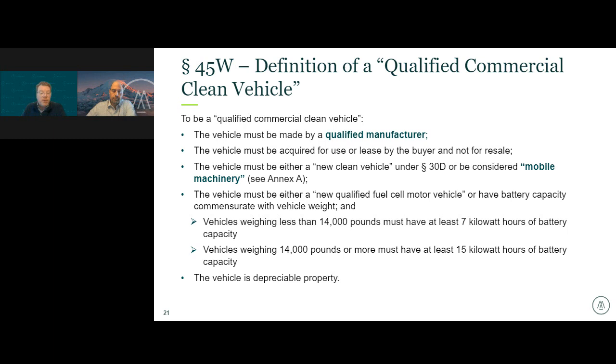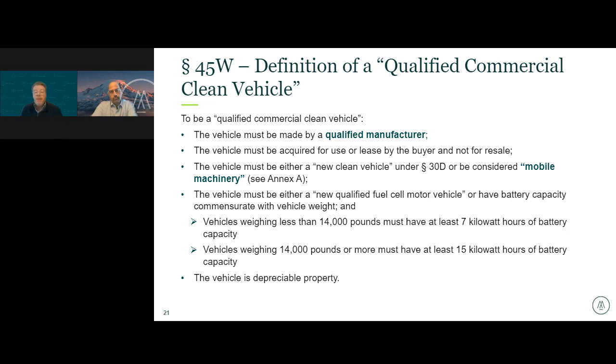However, it's just a question of getting them up on the web page. Again, the vehicle has to be acquired for use or by lease of the buyer and not for resale. There are some structuring choices, however, that buyers can make in terms of how they purchase these vehicles and whether they're for lease or not that are a consideration.